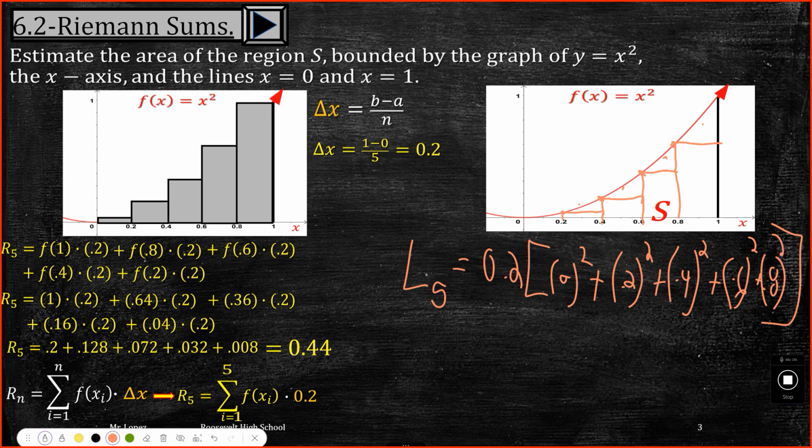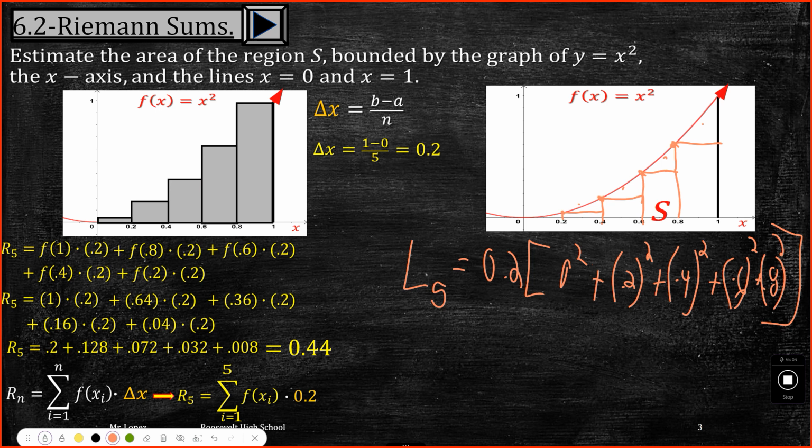We're not using the right endpoint as my height. So it'll be 0.2 times this thing. Let's put it in the calculator. 0 squared plus 0.2 squared plus 0.4 squared. Write the 0 squared down, but it's not going to change anything in the calculator. So 0.2 times the quantity 0.2 squared, 0.4 squared, 0.6 squared, 0.8 squared.